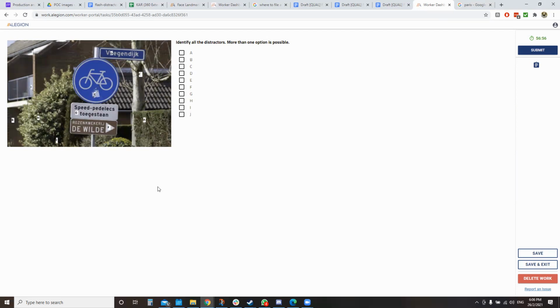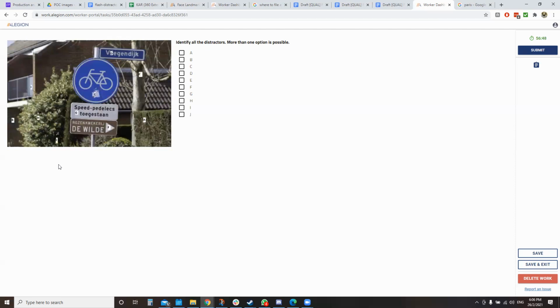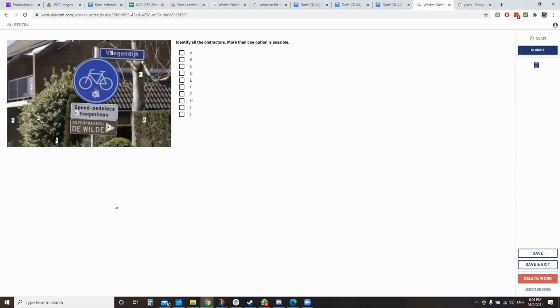This is the case where you have the signboards being the focus of the image, and the houses are also the focus.